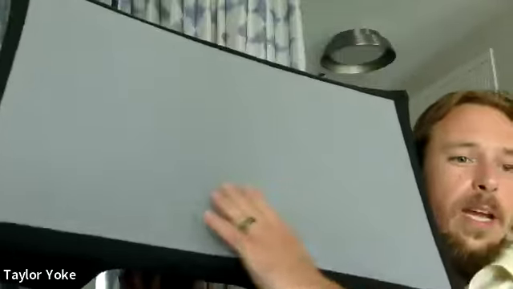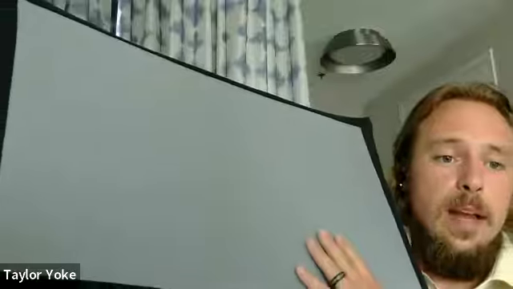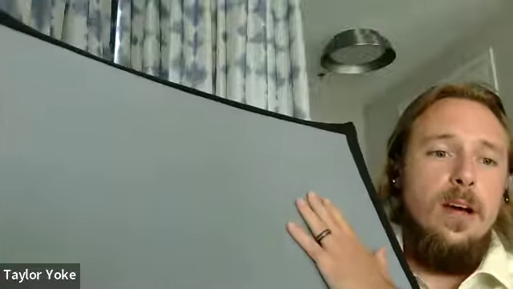Now, this screen here is made out of a nanomaterial that we developed in-house. What this nanomaterial does is it diffuses the light as it comes out of the projector in the back, because this projector is shining onto our nanomaterial screen up front. Because that light is diffused, it is not as harsh on your eyes. Imagine the difference between looking at a spotlight and looking at a lamp.